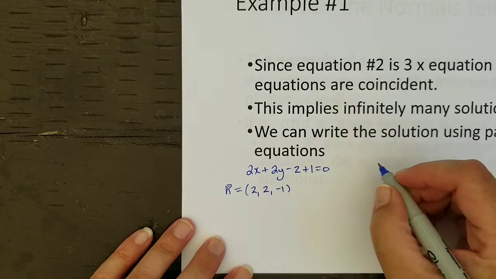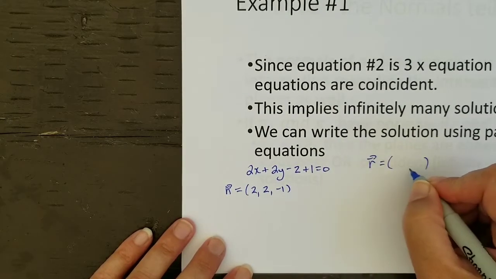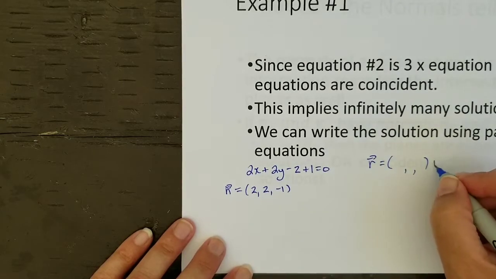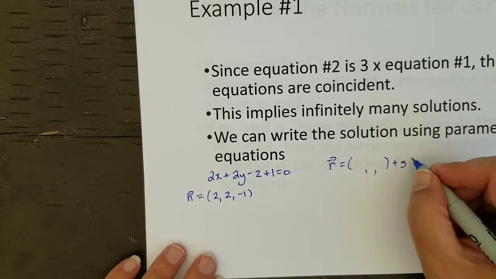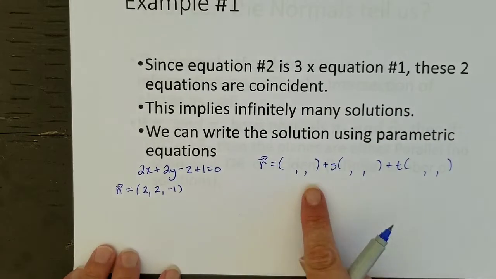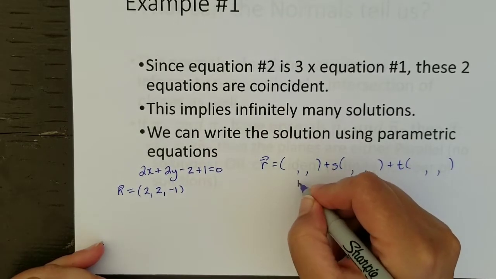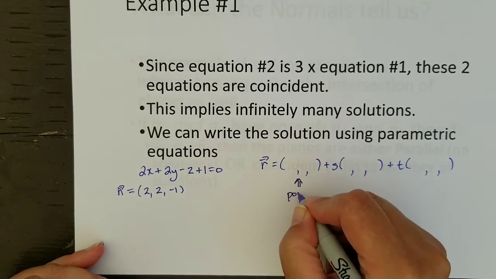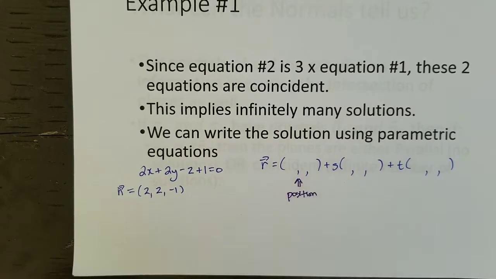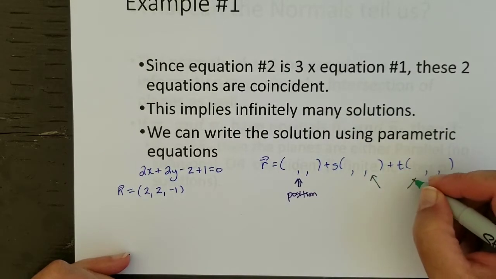We know the vector equation of the plane is a position plus s times one direction vector plus t times another direction vector. So this is what we need to find for the vector equation of our plane. We need a position, which is any point on the plane, and we need two direction vectors.